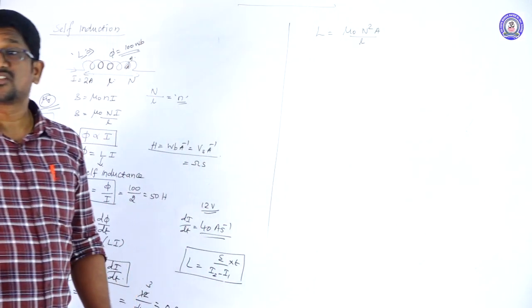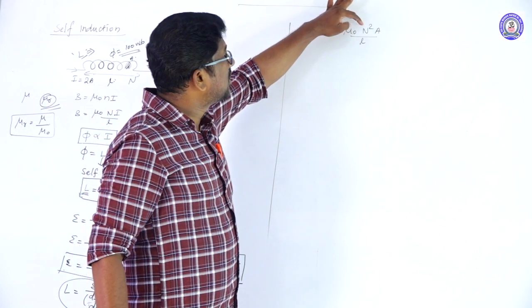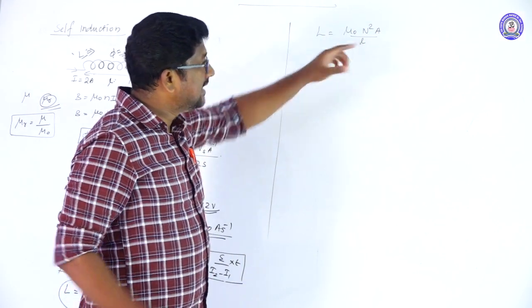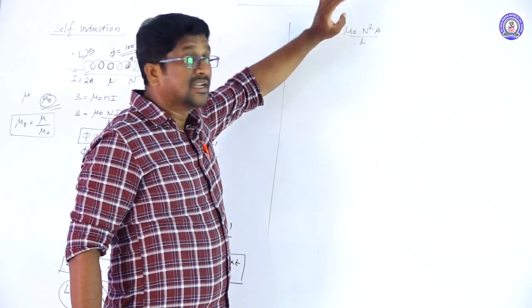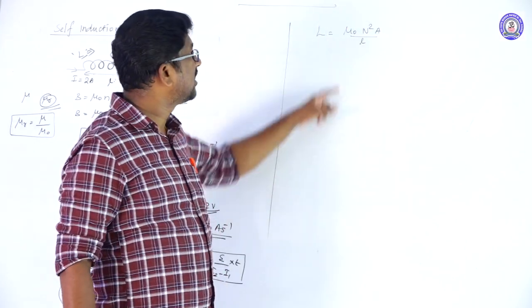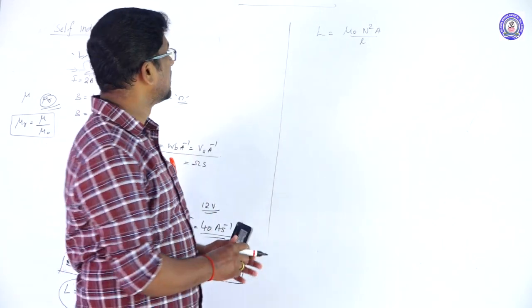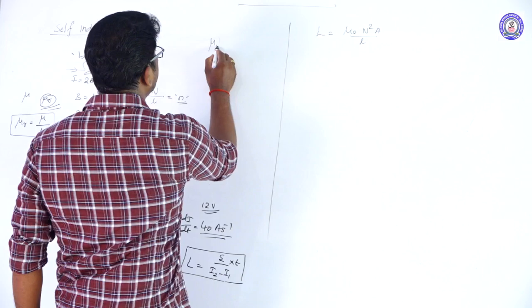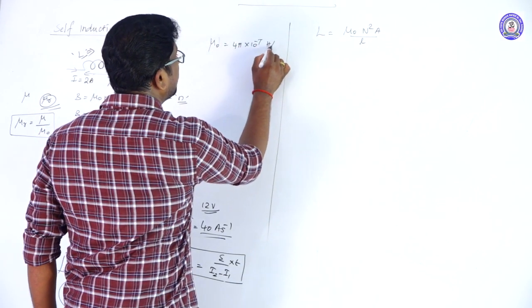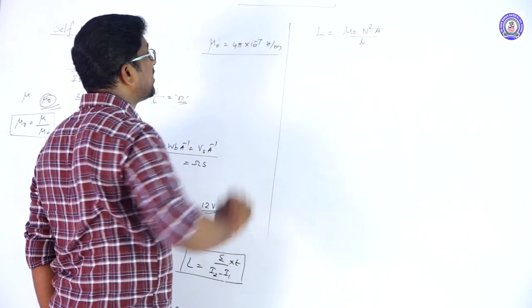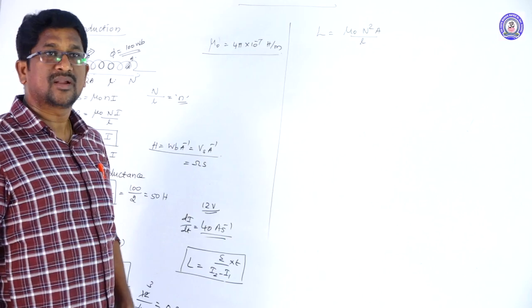Here l is the length of the solenoid, A is the area of cross section of the solenoid, N is the total number of turns in the solenoid, and mu naught is the permeability of free space. The value of permeability of free space is 4 pi into 10 power minus 7 Henry per meter.